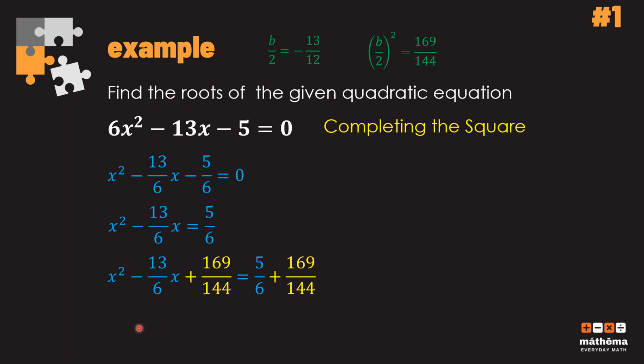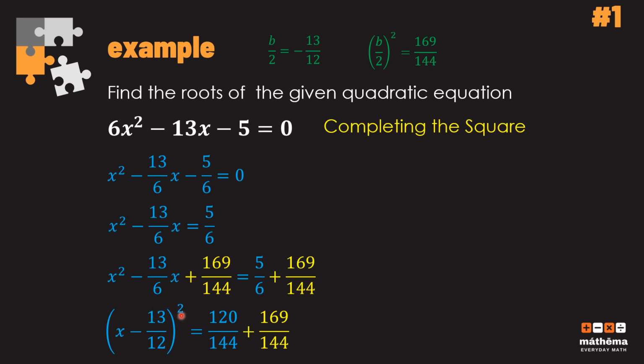So we are going to write x, and then whatever is the value of our b over 2, we will insert after x. The value of b over 2 is actually negative 13 over 12. So we have x minus 13 over 12 squared.